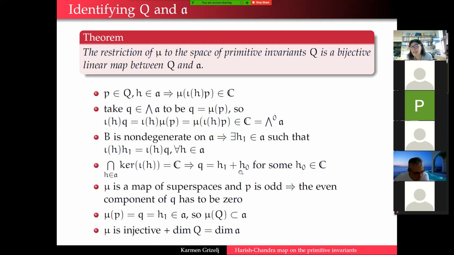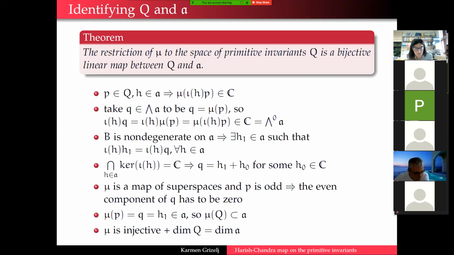Or, well, this H0 has to be 0, which means that Q is exactly H1, and H1 was taken from A, so Q is in A, which means that the Harish-Chandra map took the primitive invariant to A. So now we have that the Harish-Chandra map applied on all primitive invariants has to end up inside of A.